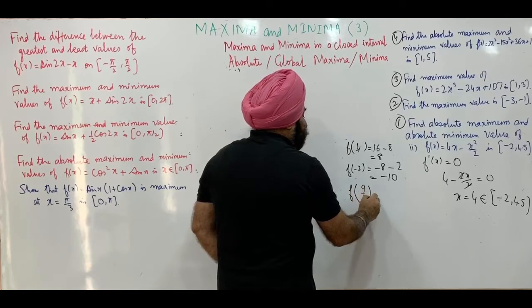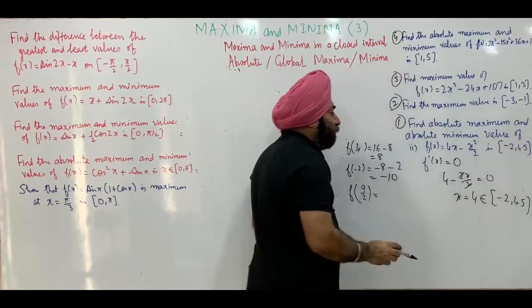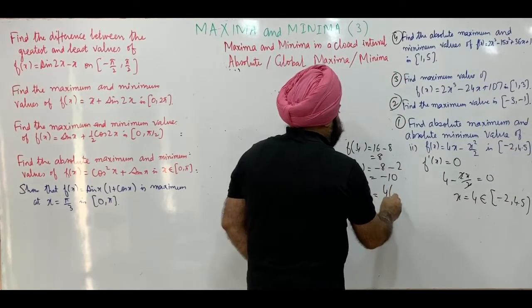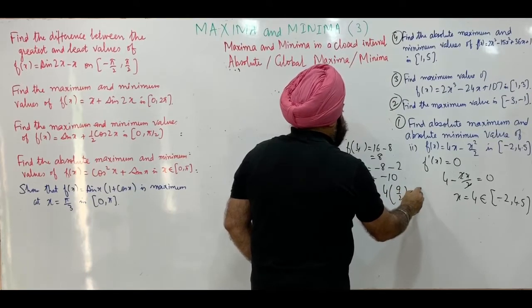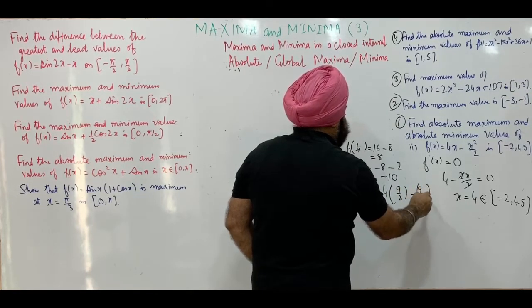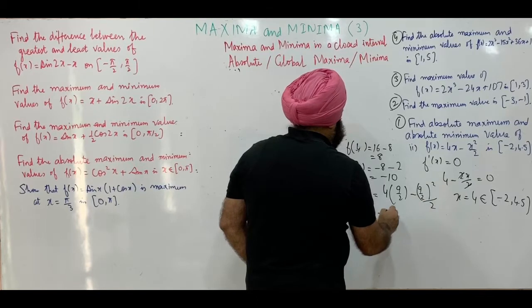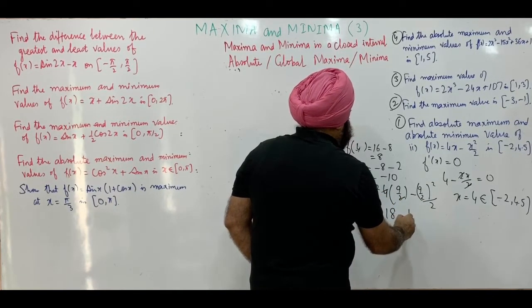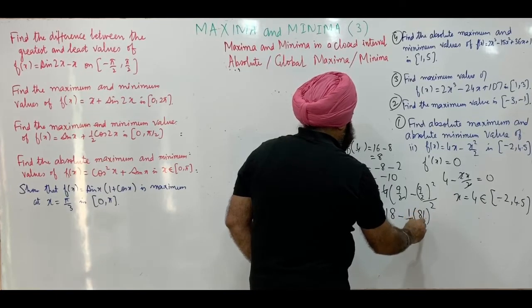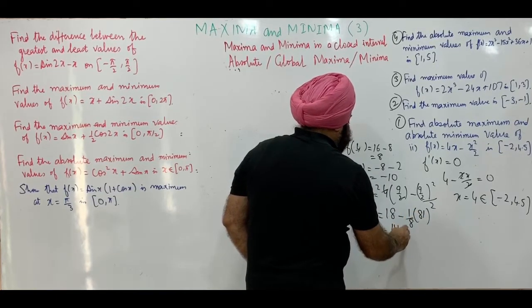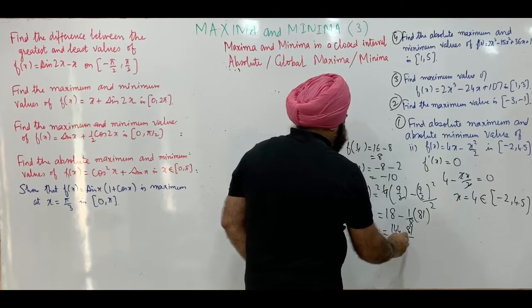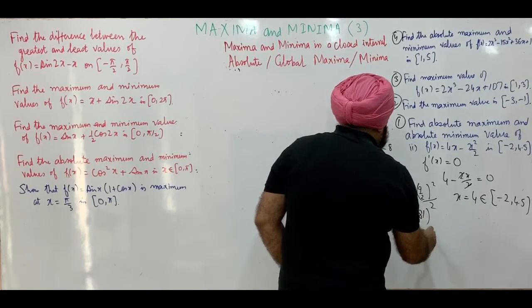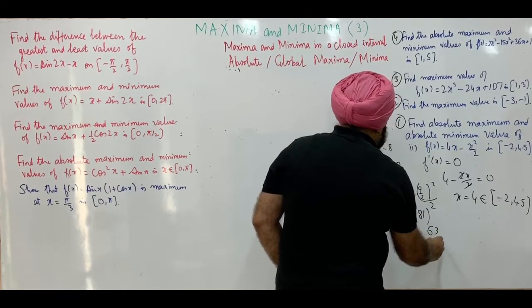Value of the function at the second end, 4.5. So this will be 4 into 9 by 2 minus (9 by 2) whole square upon 2. This is 18 minus 1 by 8 into 81. This is 144 minus 81 upon 8, and that is 63 upon 8.